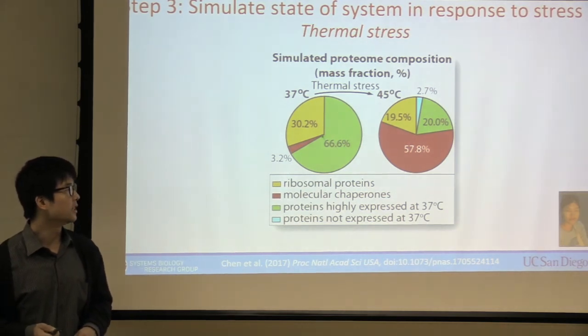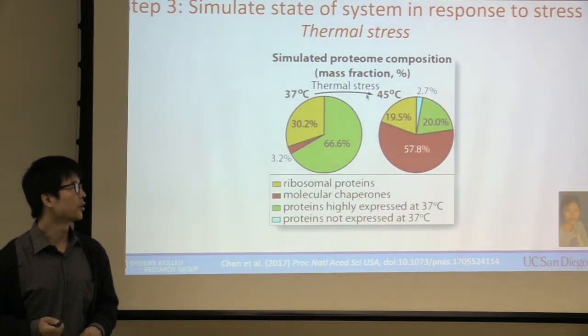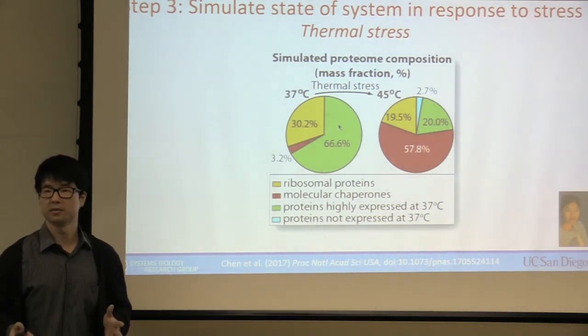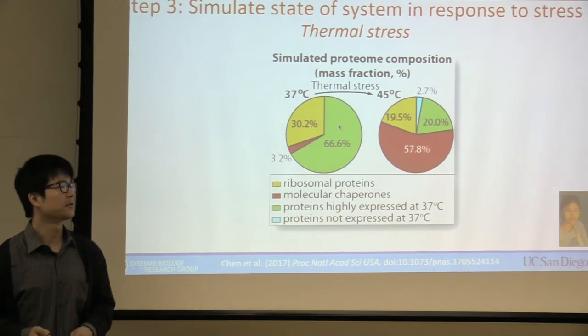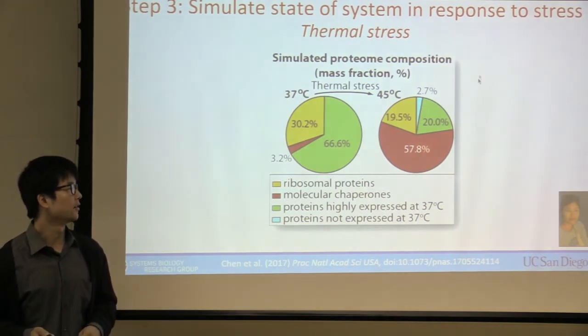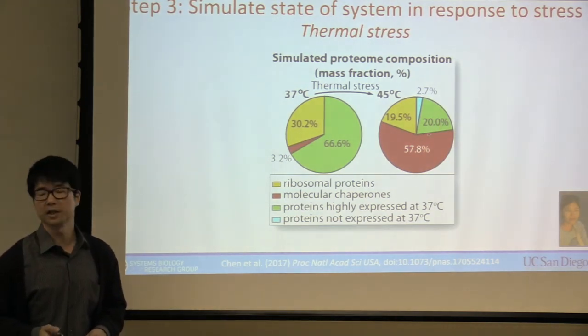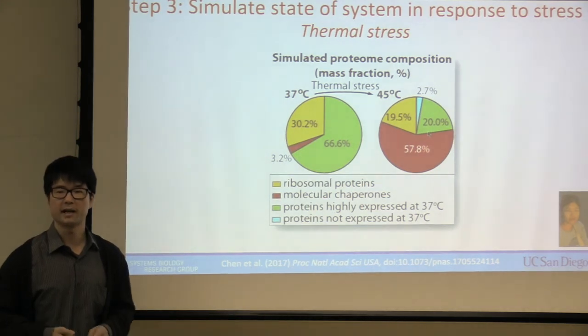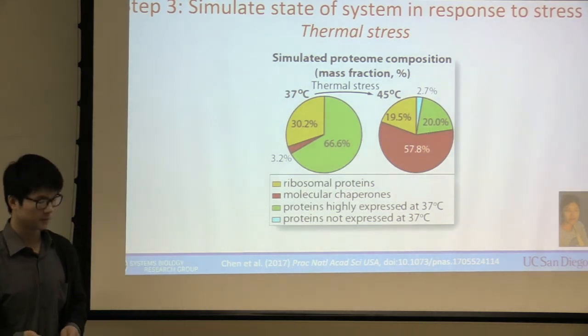And of course, this means that there's going to be more or less a trade-off between the proteins that would have been used optimally under the 37 degrees condition, and those proteins are now not really being used anymore under the highly thermally stressed condition.